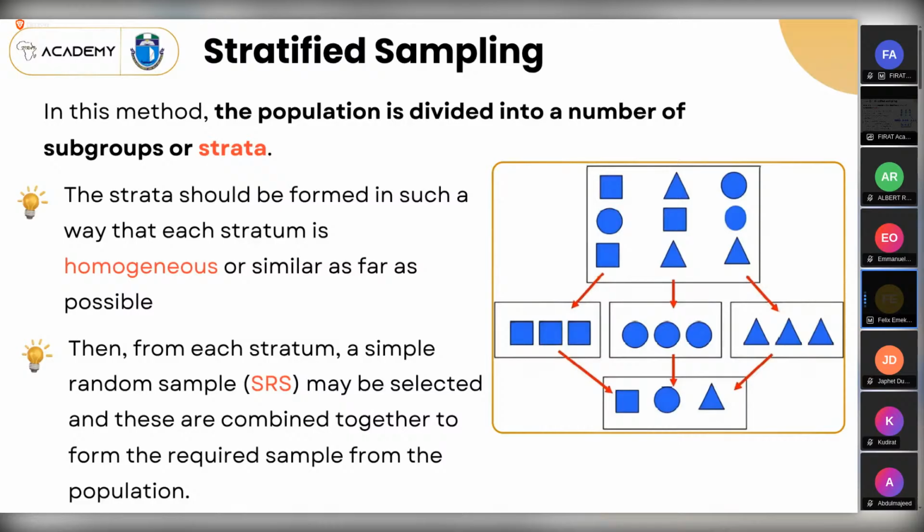So you stratify them into a male army group and a female army group. Then you use the second stage, which is simple random sampling, and pick the number you need from the males and the number you need from the females.